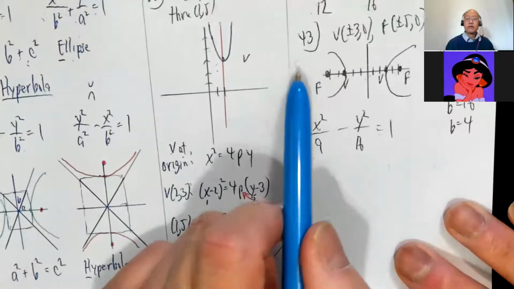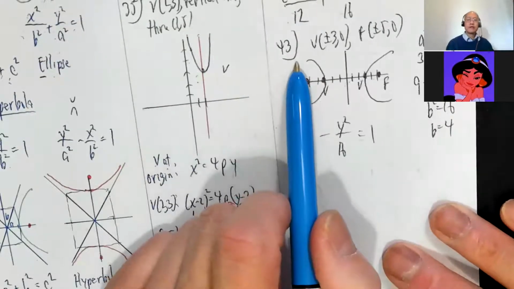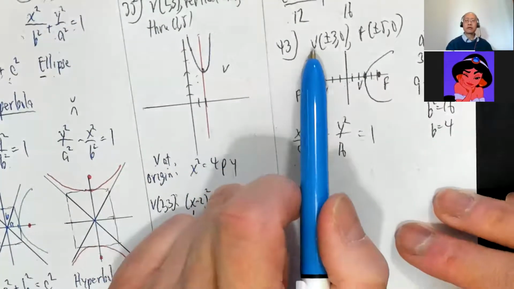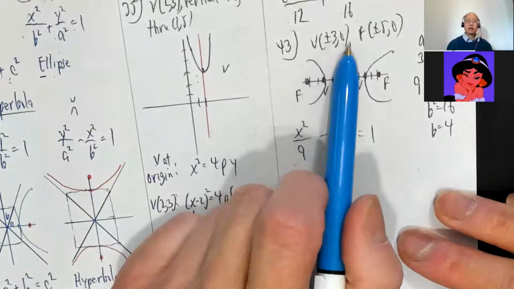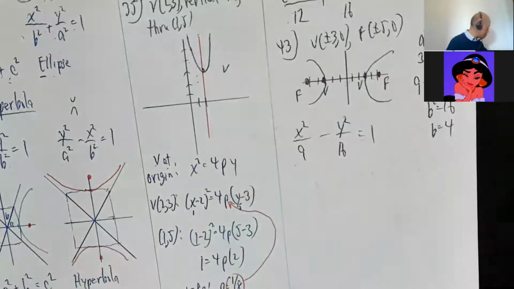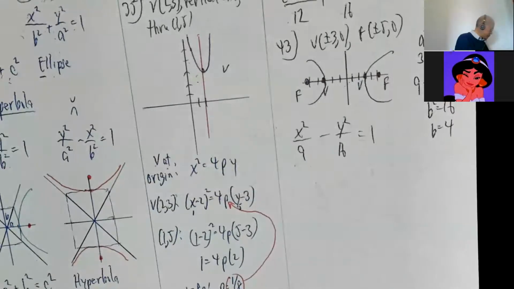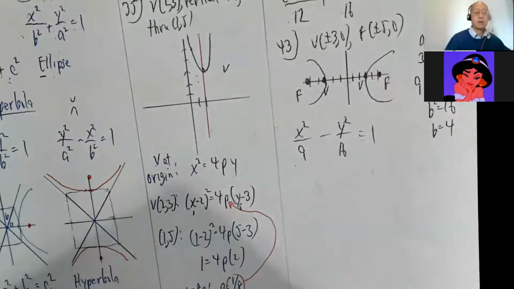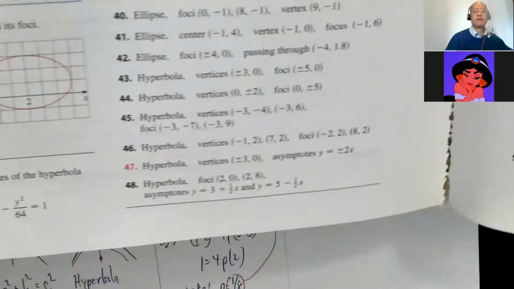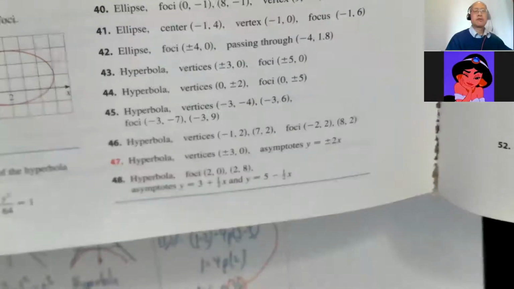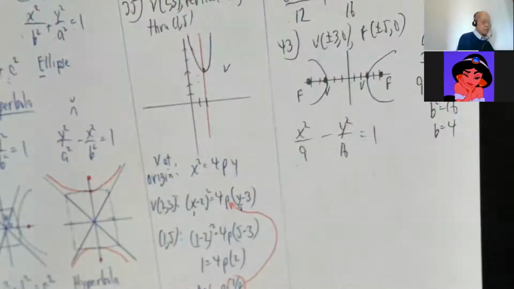Okay, let's see. Number 43, give the equation of the hyperbola where the vertices are plus or minus 3, 0 and the foci are plus or minus 5, 0.